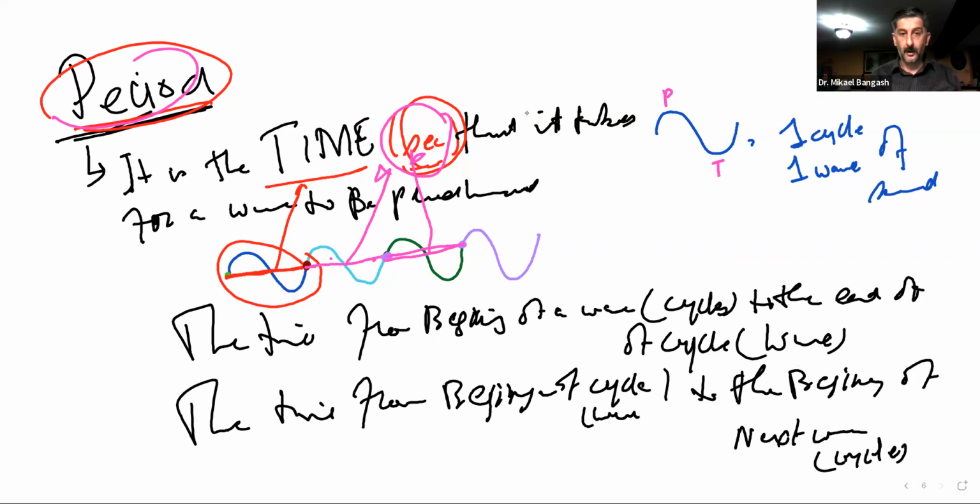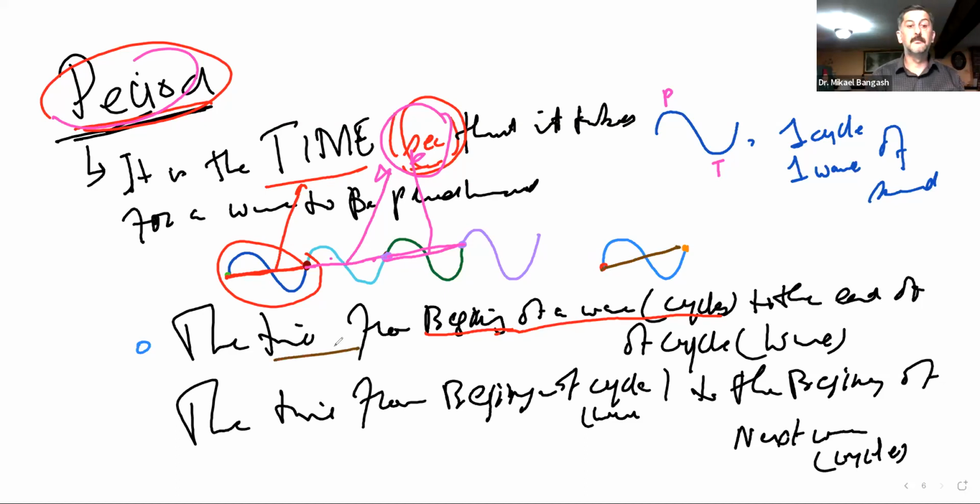Clear? In this statement here, we have this wave here. So what is the time that it takes from the beginning of this cycle or wave to the end of the cycle or wave? That time from here to here is going to be the period.